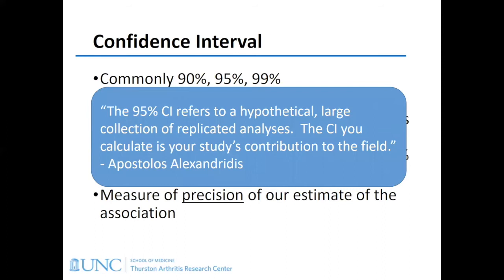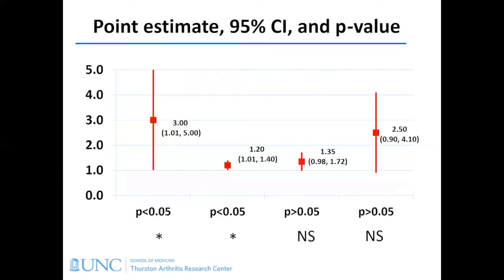He said that it refers to a hypothetical large collection of replicated analyses. So what you calculate is your study's contribution to the field. I'll give some examples of what I mean about precision of the estimate and how we use that 95% confidence interval as well as the p-value.